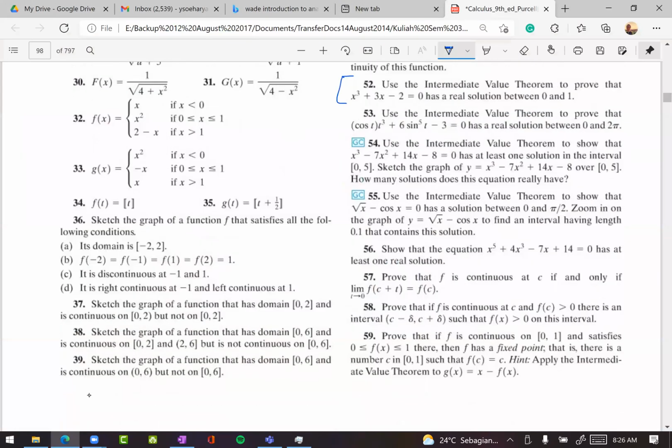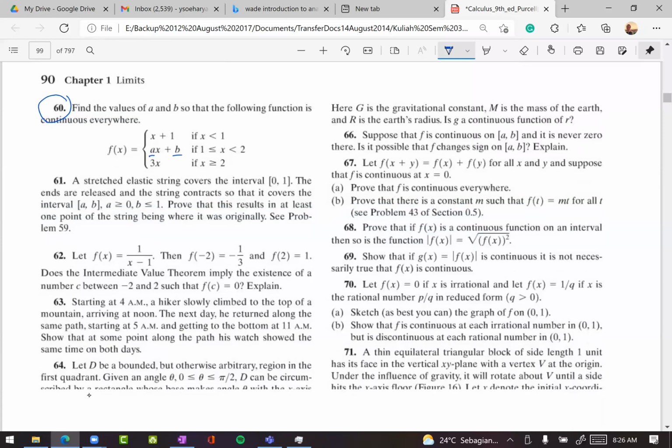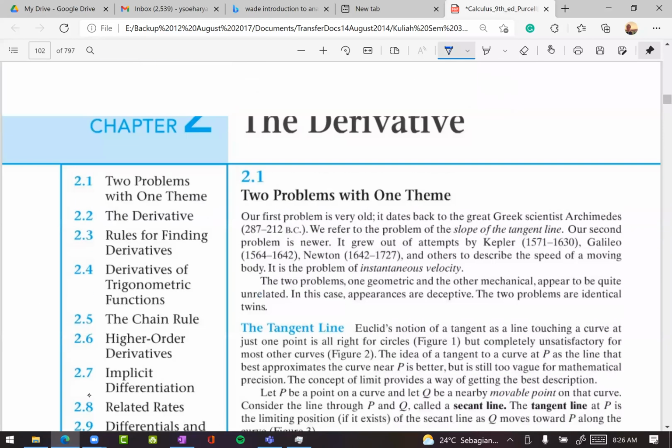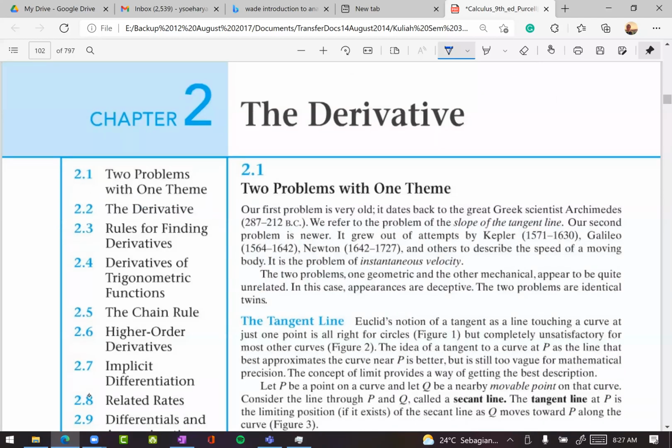Okay. Again, this is a problem of approximations.